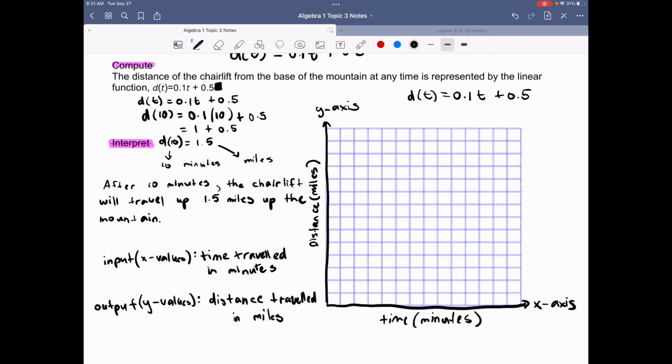We will also have to label the increments on which our x-axis and y-axis will go on. And for our x-axis, since we work with 10 minutes, we can go by twos. So starting from 0, and then skip a line, 2, skip a line, 4, 6, 8, 10, and 12.